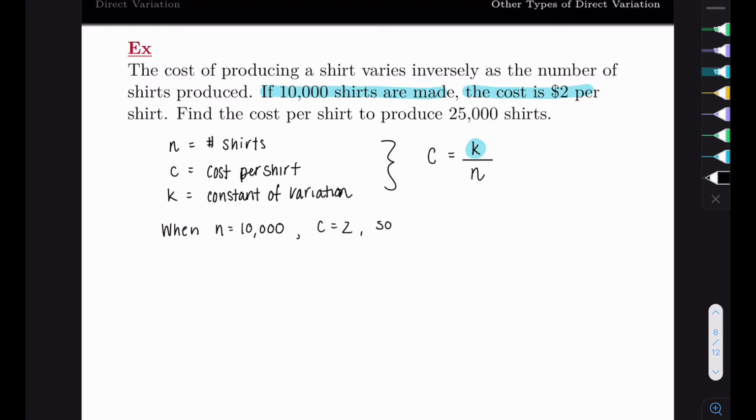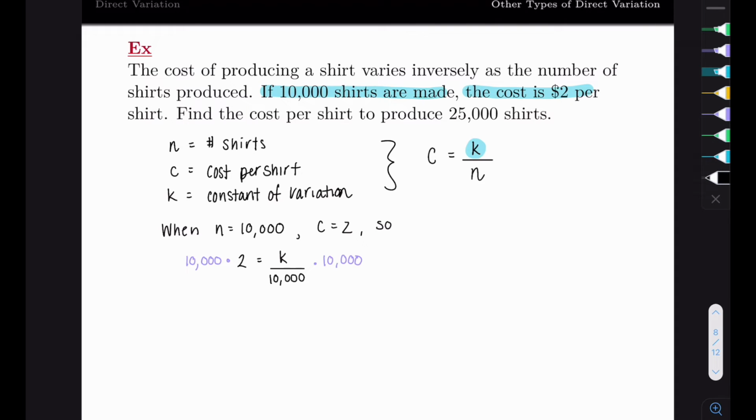So what we can do is plug both of those pieces into our equation setup and solve for K. So our C is 2. We don't know K, but then the number of shirts is 10,000. And then solving this equation, we multiply by 10,000 on both sides.